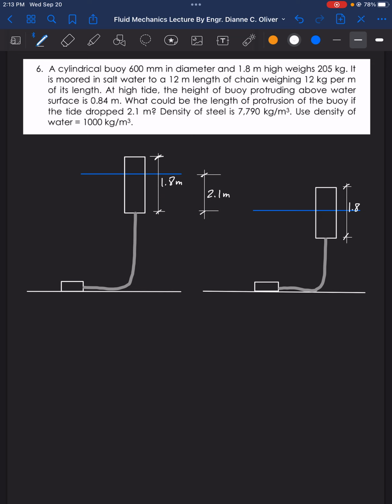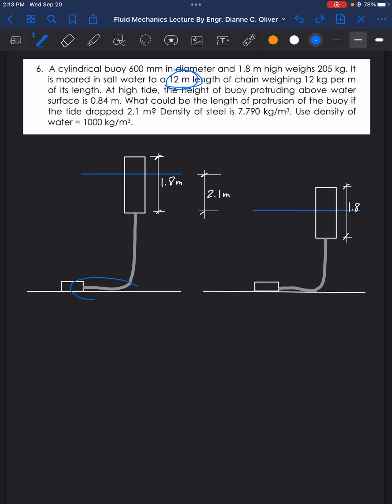But of course you don't know if the total 12-meter length is being used. You're not sure if the chain is like this, or it could be like this. We don't know yet.